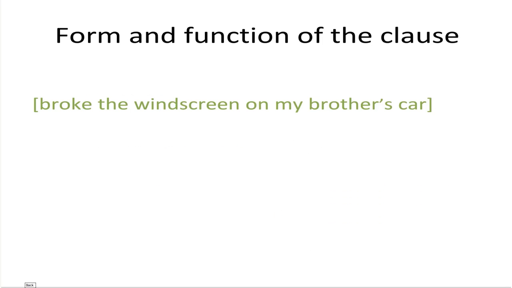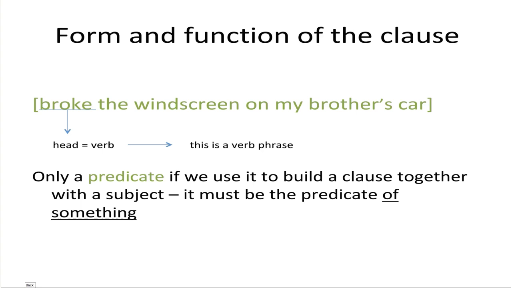In the same way, a verb phrase is always a verb phrase, because what makes it a verb phrase is that its head is a verb. So, broke the windscreen on my brother's car is a verb phrase because its head is broke, and broke is a verb. But it's only a predicate when it's being used to build a clause together with a subject. It has to be the predicate of something.